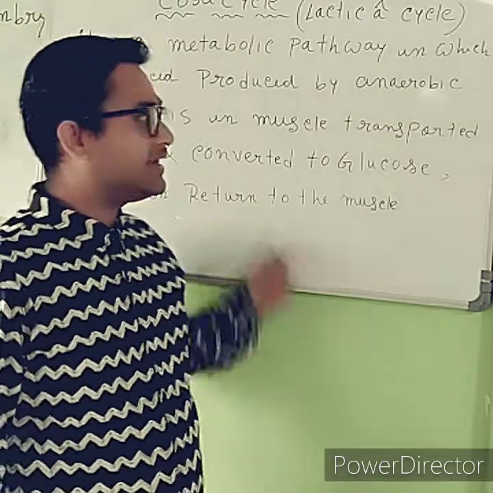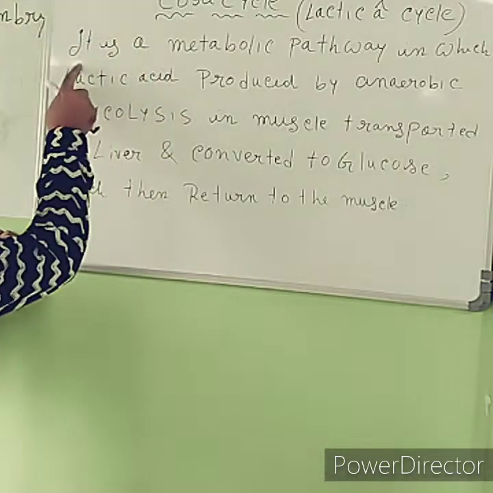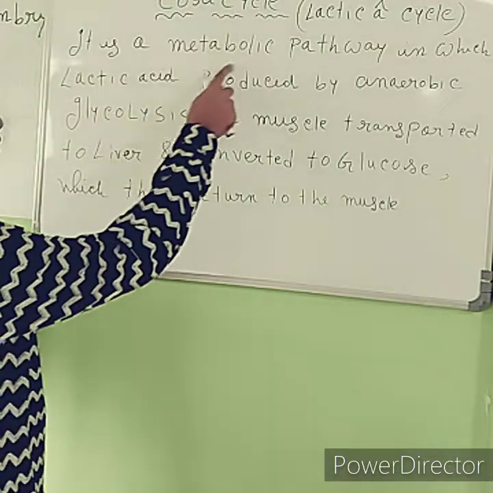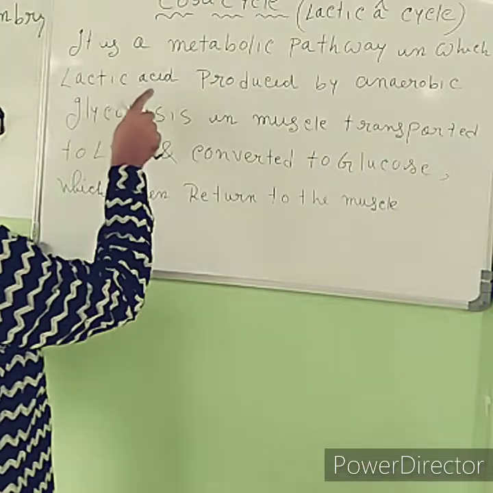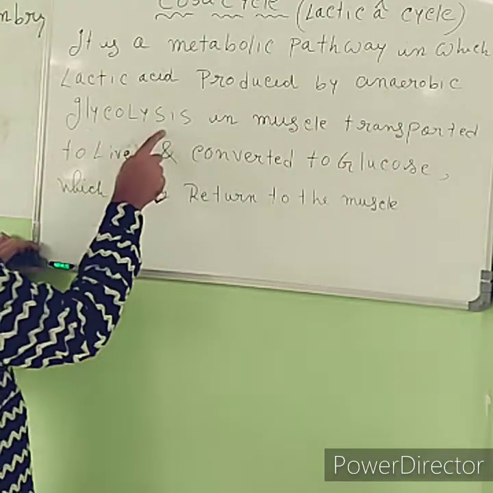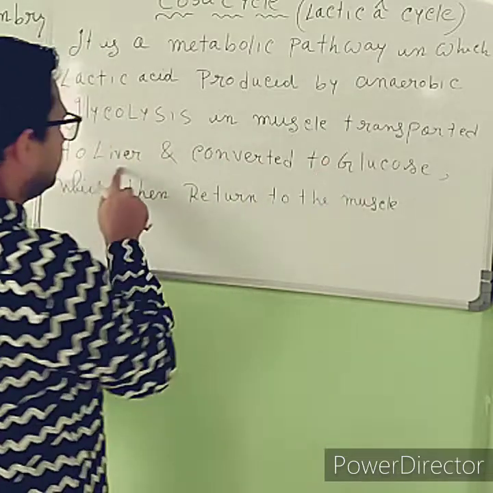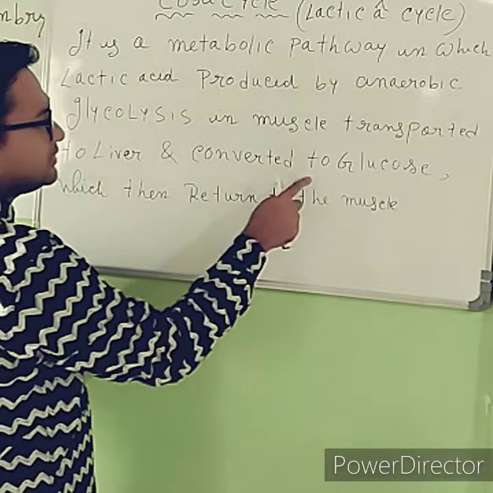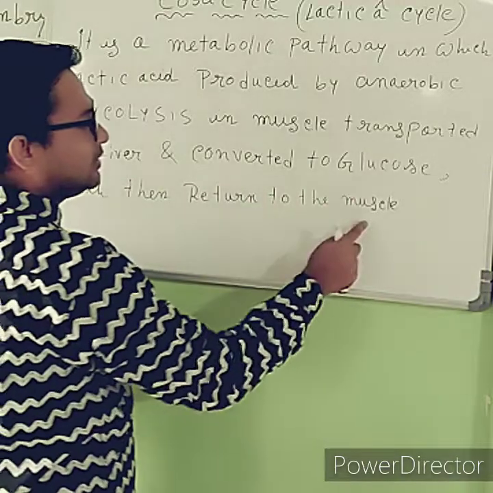So we can write the exact definition of the Cori cycle: the Cori cycle is a metabolic pathway in which lactic acid produced by anaerobic glycolysis in muscle is transported to the liver and converted to glucose, which then returns to the muscle.